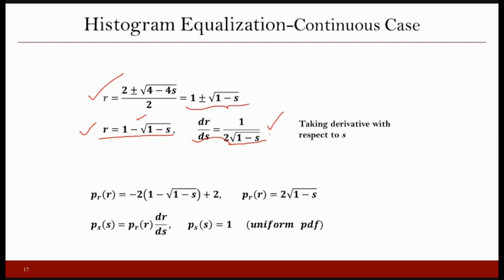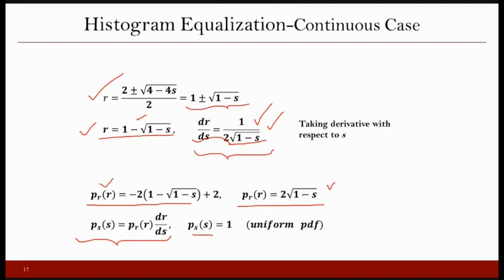By using this dr by ds in this equation, we get PS equal to 1. Here you have PS equal to PR times dr by ds. What is the dr by ds you got? You got it from here. Similarly, by using the value of R, you can calculate PR(R), which comes out to be this.